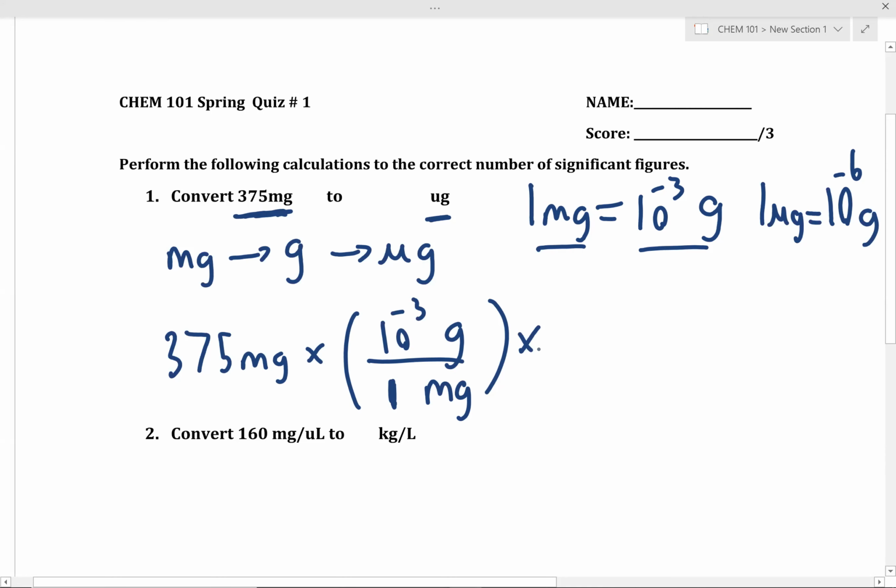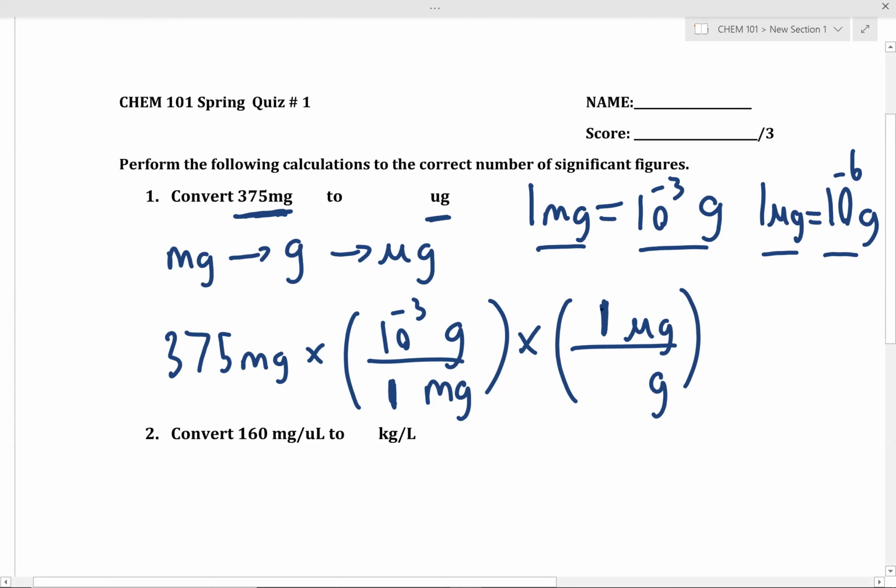Okay, now for our next unit conversion factor, what final units are we aiming for? Yep, micrograms. Okay, so we want micrograms on top. And what units do we need to cancel? Grams. Okay, perfect. So reading off from our equality, we know that 1 microgram corresponds to what power of 10?